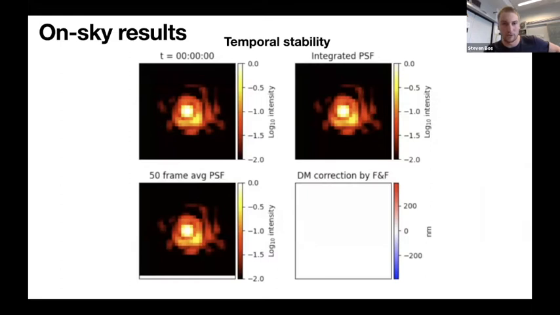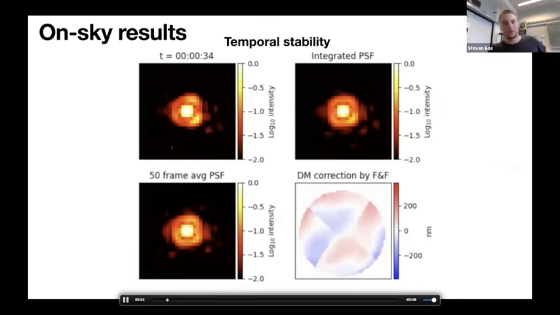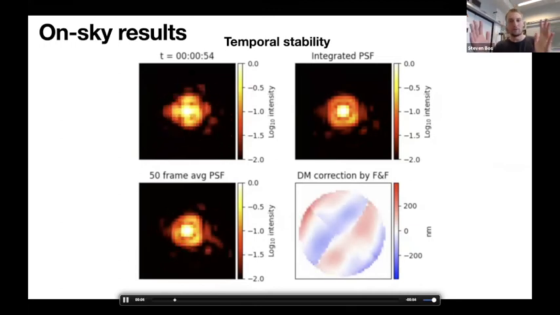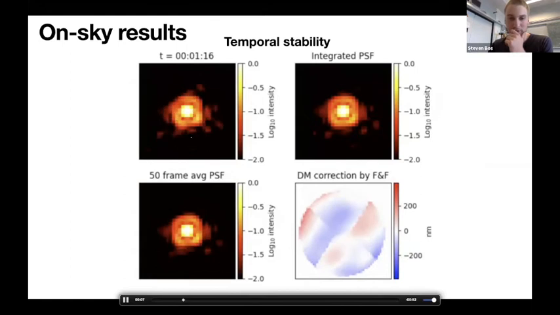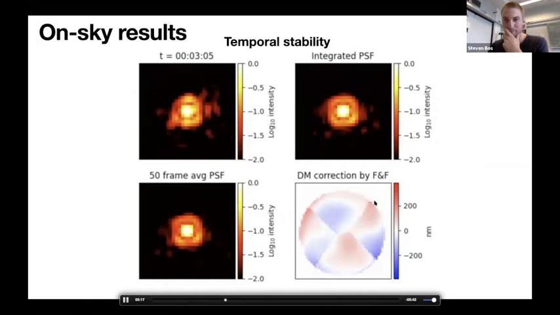We also wanted to test this on longer time scales. The video that I'm starting now is actually 10 minutes of Fast and Furious running, shown in only 1 minute of video. The interesting thing here is that you can see that the low wind effect is evolving. You basically see the wind direction changing over time.